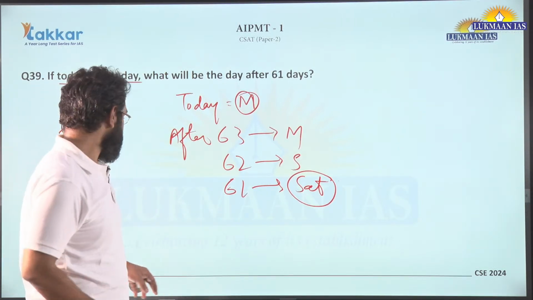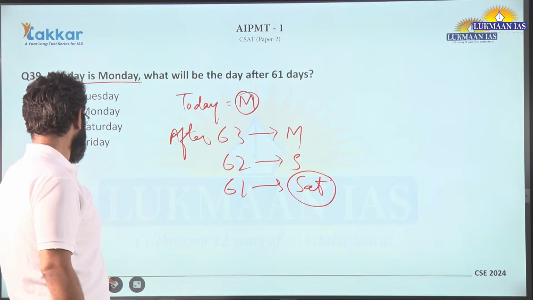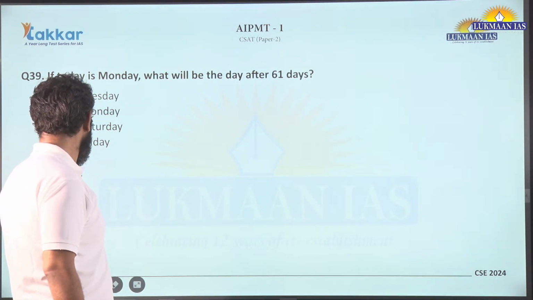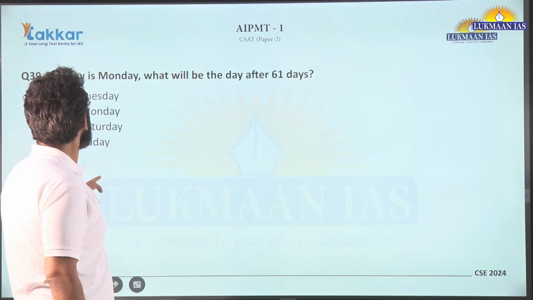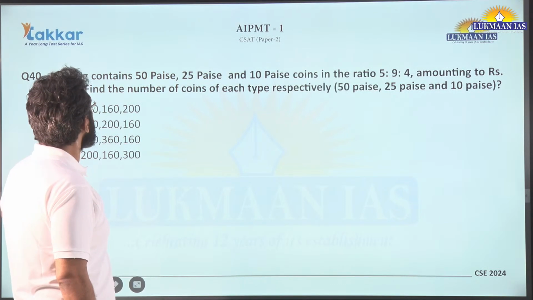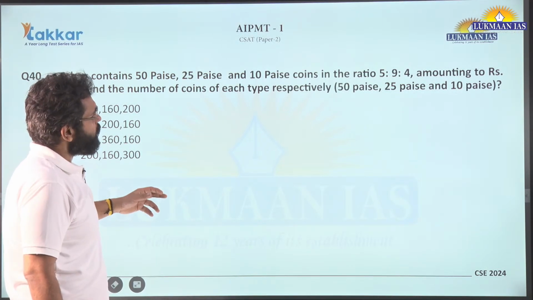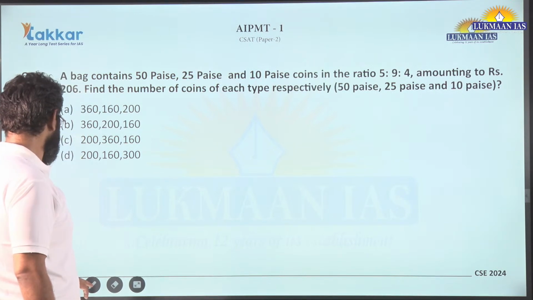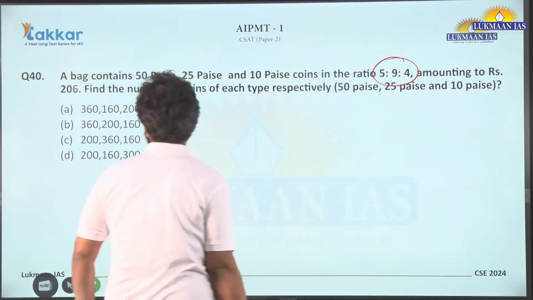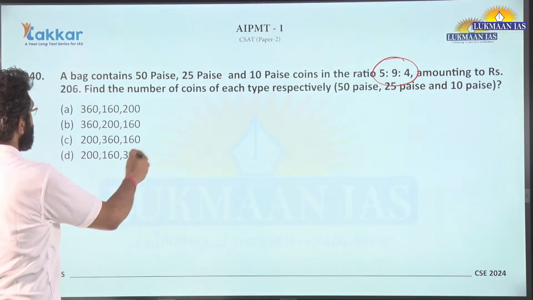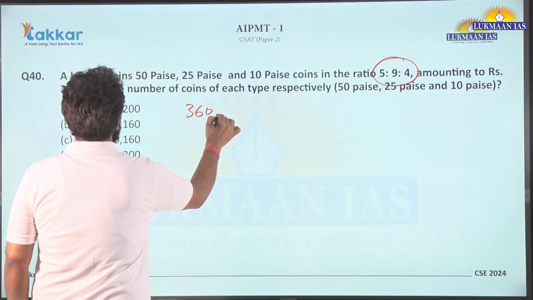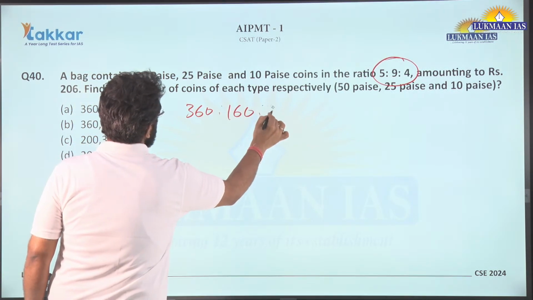Let's try to solve question number 40. We need not solve this question at all at first. Just see this ratio 9:4:5. How many of these options are given in that ratio? 360, 160, 200.